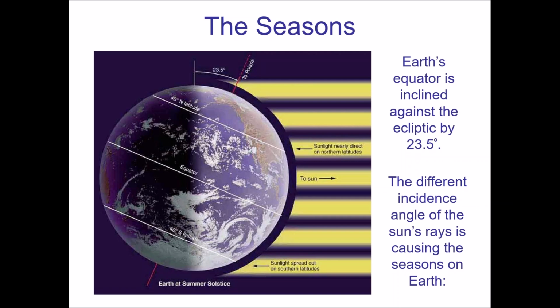You can see in the picture, and the most obvious thing that you're seeing in this picture is that the northern latitudes are getting mostly direct sunlight, right? The sunlight is hitting almost directly overhead, whereas you look at similar latitudes in the southern hemisphere, that light appears to be spread out.